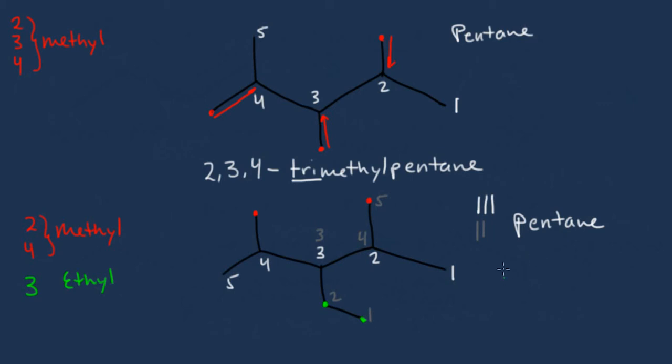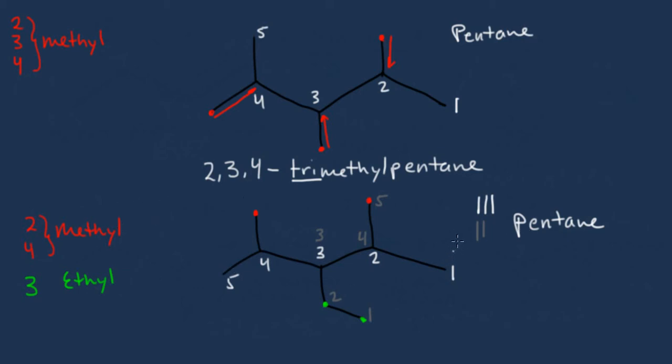And so now we think that we're ready to go ahead and name this one. So this is the first time that we have something that's not a methyl group that's substituted onto our parent chain, and so we need to consider the alphabetical order that we're going to list our substituents.